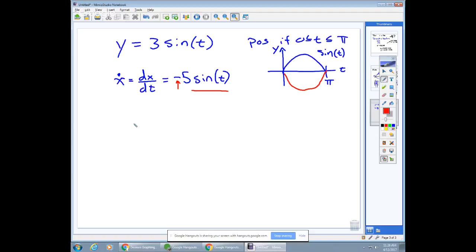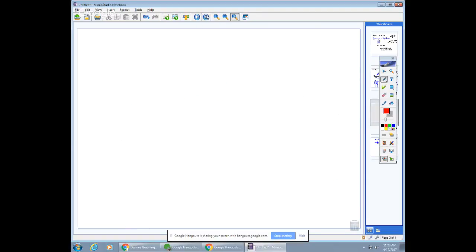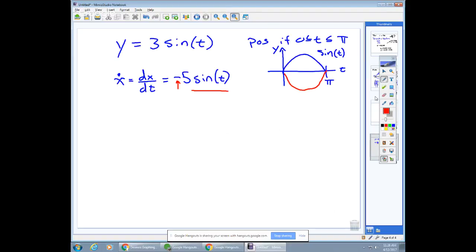So for my area of my ellipse, I know an ellipse is symmetric, so this region, this region, and this region, and this region, all four of those have the same area. So I think I'm going to go for 4 times the integral from 0 to pi over 2. So I want the absolute value of the integral as t goes from 0 to pi over 2.